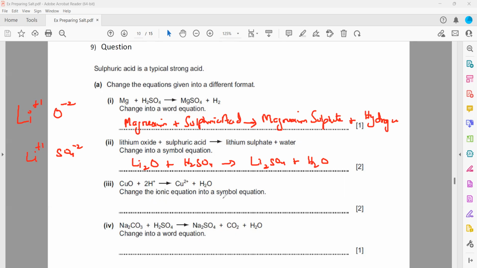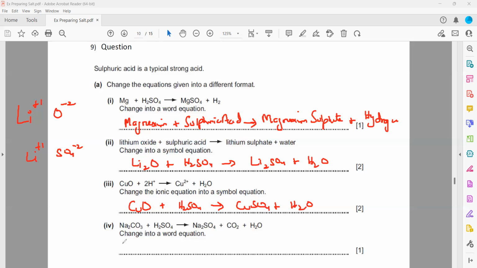Change the ionic equation into a symbolic equation. Like copper oxide is there. H plus ion means acid is there. So sulfuric acid, H2SO4, because these are all reactions of sulfuric acid. It will give copper sulfate plus water.